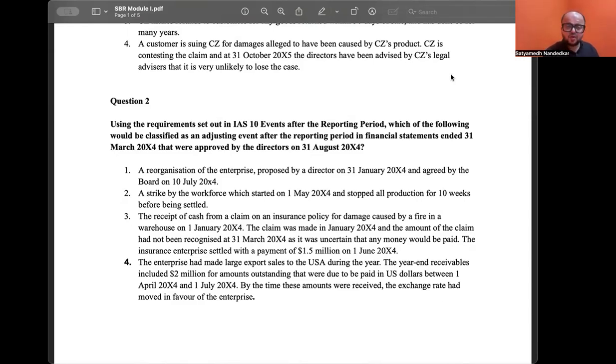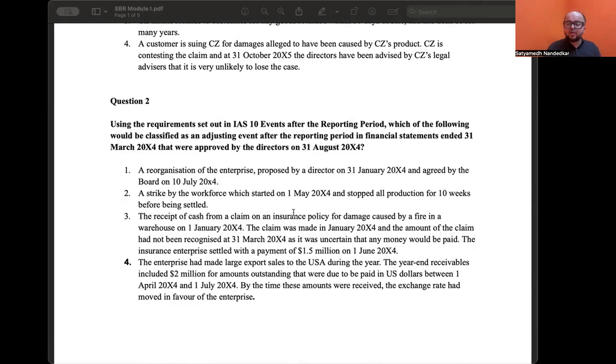A reorganization of the enterprise proposed by a director on 31st of Jan 2004 and agreed by the board on 10th of July. See, the reorganization was proposed, but in case of reorganization or reconstruction, a provision for reconstruction related expenses has to be made only if there is a constructive obligation on the balance sheet date.